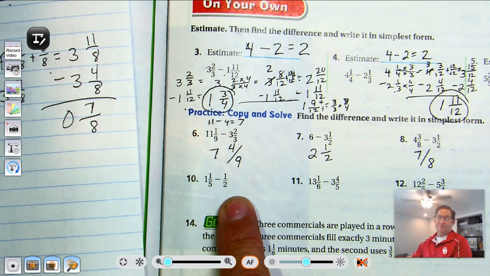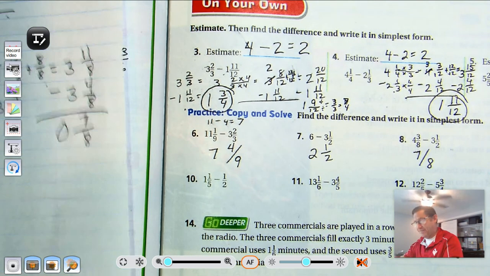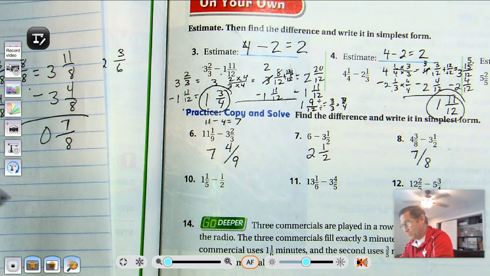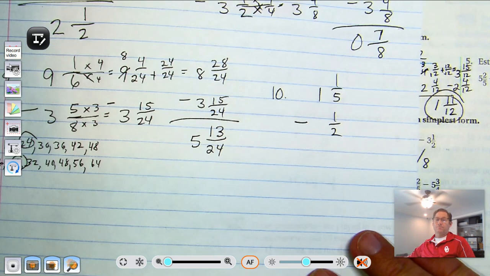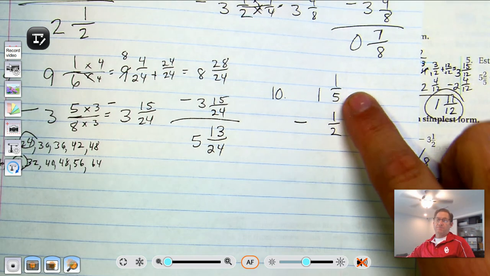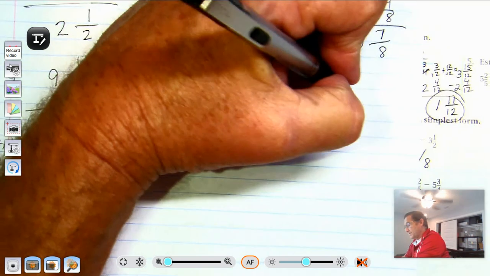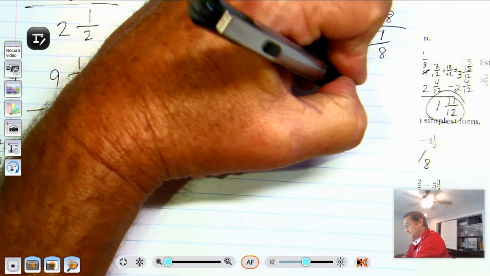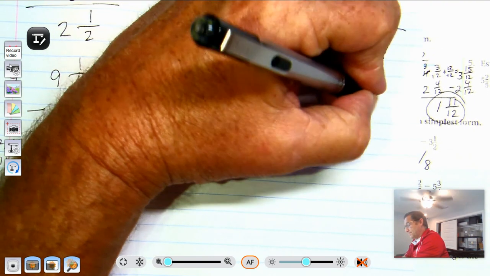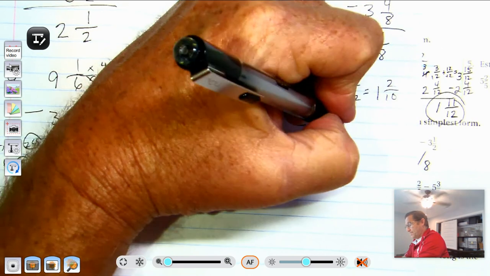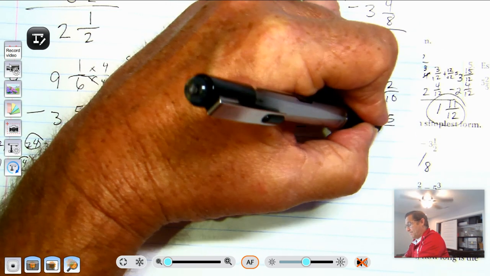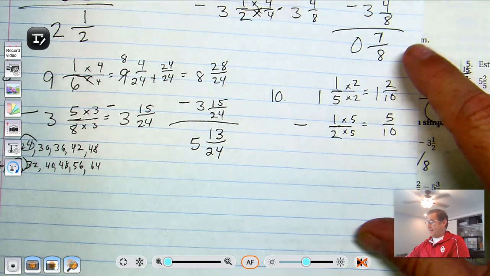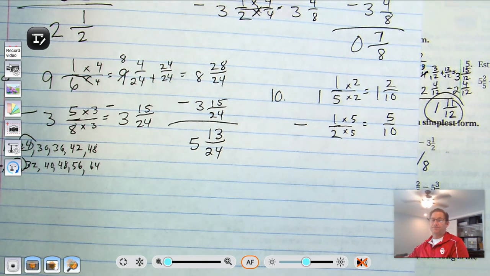Number 10, 1 take away a half. Our answer should be about a half. So number 10, 1 and 1/5 minus 1/2. 2's prime, 5's prime, just multiply them together. All right, well, I can't take 5/10 from 2/10.